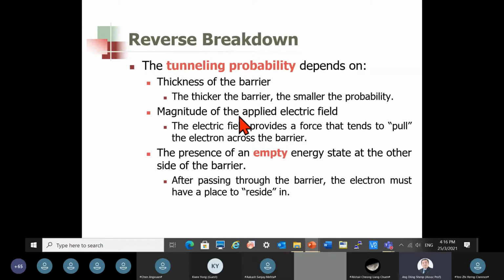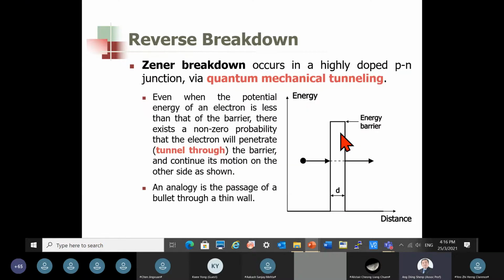Now, the second condition is that the tunneling can be enhanced if there is an electric field in the right direction that assists the movement of the electron across the barrier. If you look at this diagram, if there is an electric field pointing from right to left, the electric field will tend to attract the electron to the right side of the barrier.